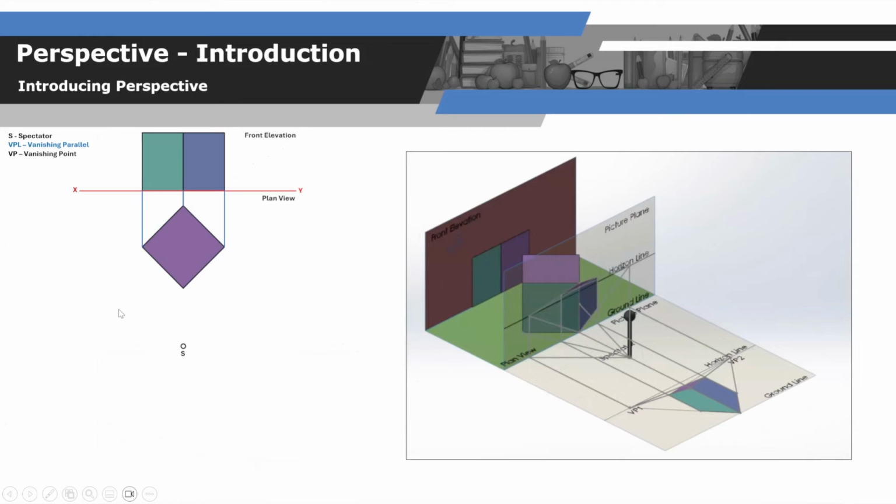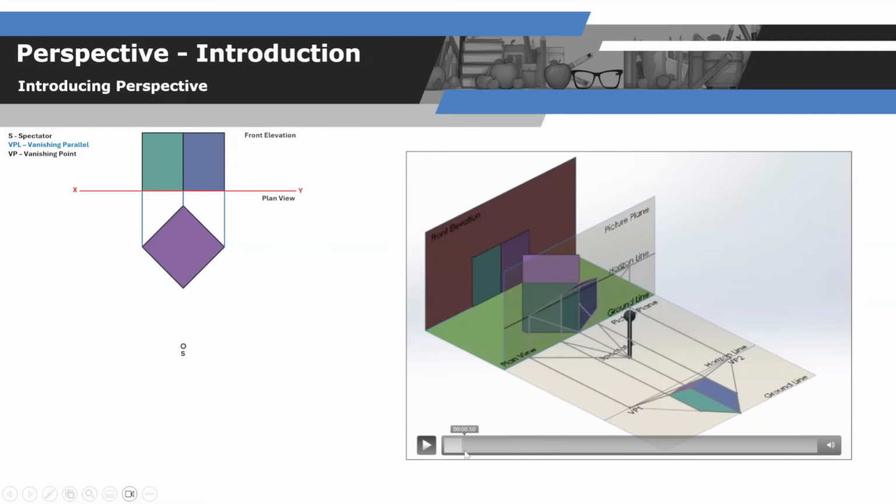Coming into the animated PowerPoint, we have got our SolidWorks model here as a video, and we'll use this as a visual representation of the question. Having a look at the question setup, we already know this setup. It's an orthographic projection. We have got our front elevation as depicted here, and our plan view as depicted here. The first thing we're going to want to identify is our picture plane.